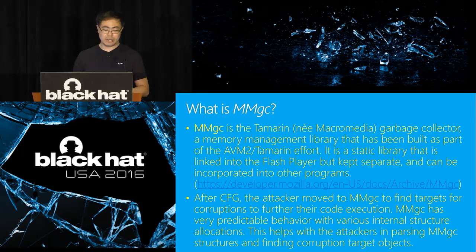MMgc, you might have heard about this before, is basically the memory manager for AVM2, which is used for Adobe Flash Player. The attackers try to parse MMgc internal structures to find interesting objects they want to corrupt.